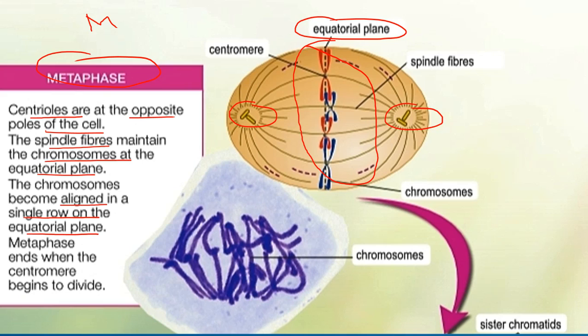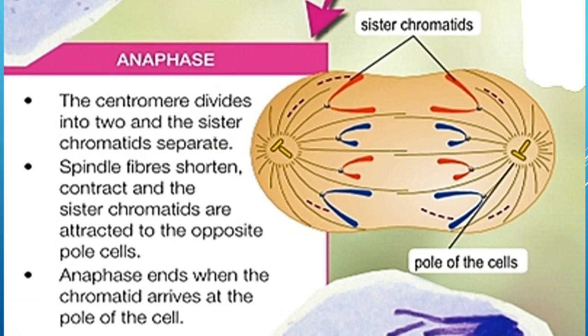Dia start mau separate sudah. So untuk metaphase, dia punya keyword di sini adalah align ataupun arrange at the equatorial plane. Okay, so ini yang berlaku pada fasa metaphase.